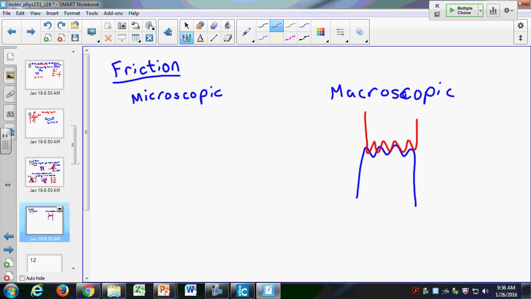Microscopic friction, on the other hand, well, let me tell you, if you take these two surfaces and you smooth them down, smoother and smoother and smoother, if I were to plot the frictional force, I'm going to plot F. This is the frictional force. We usually use a lowercase script F for friction for reasons that I don't really understand.